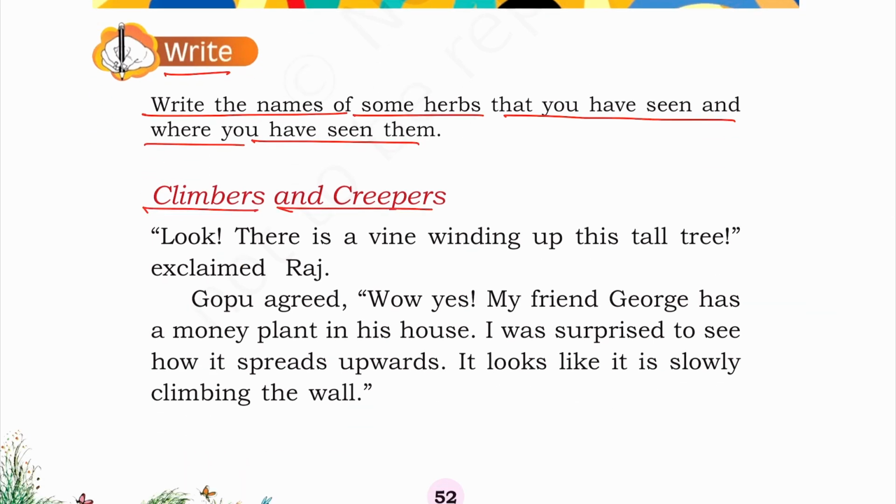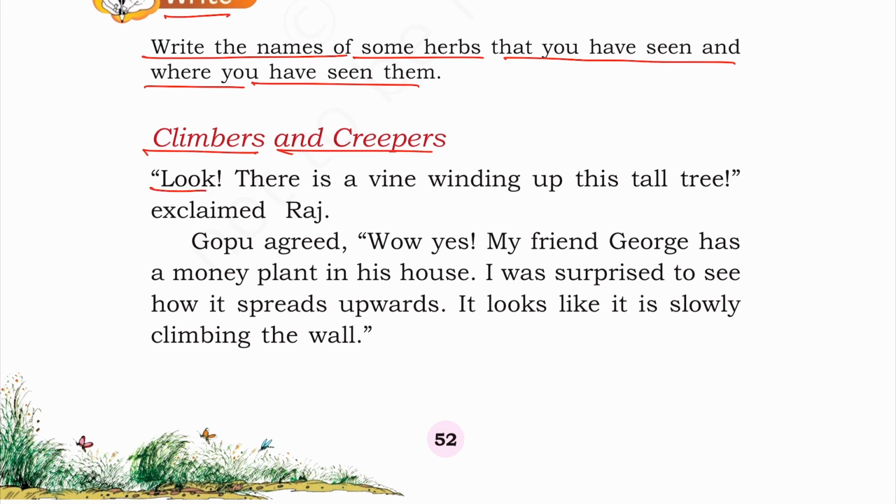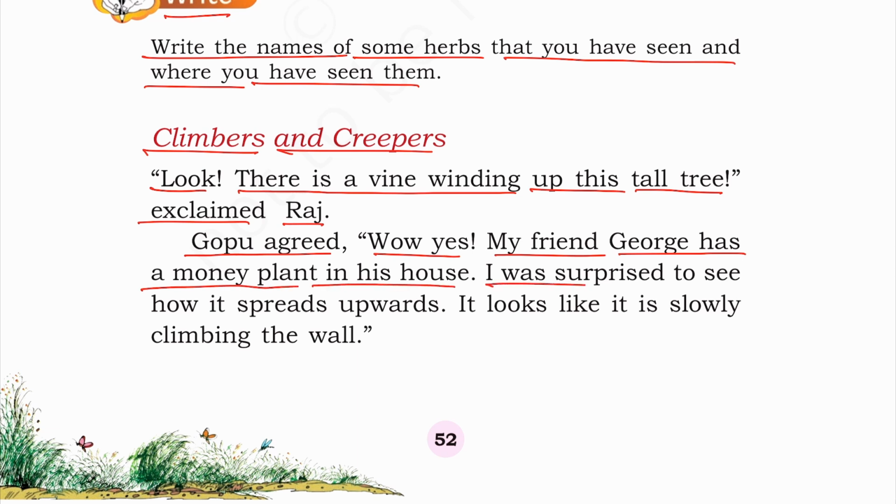Climbers and creepers. "Look, there is a vine winding up this tall tree," exclaimed Raj. Gopu agreed. "Wow, yes, my friend George had a money plant in his house. I was surprised to see how it spread upwards. It looks like it is slowly climbing the wall."